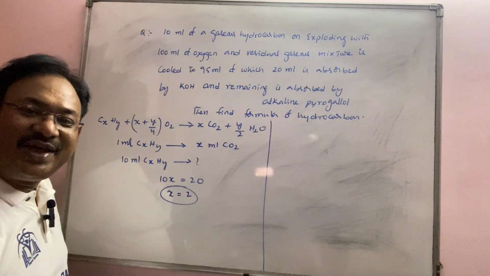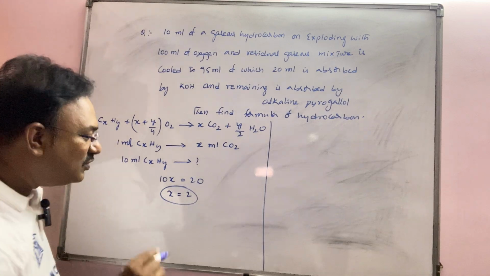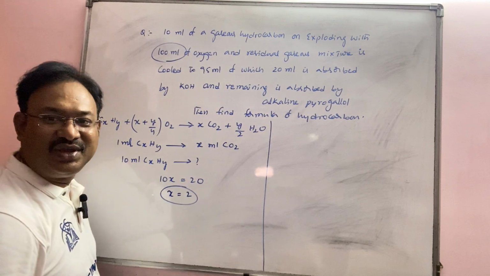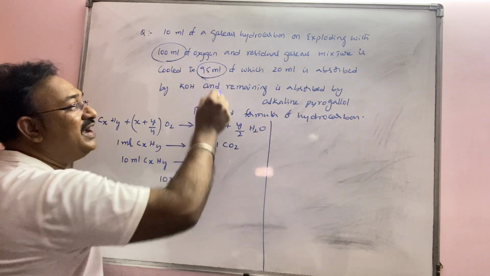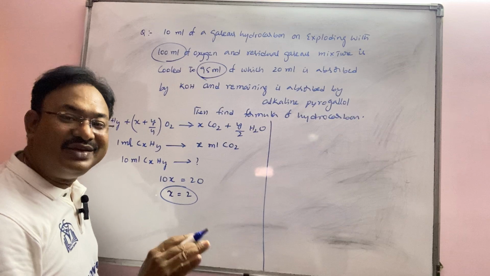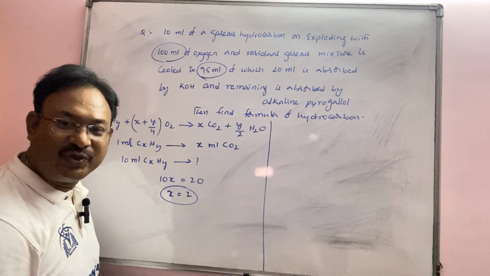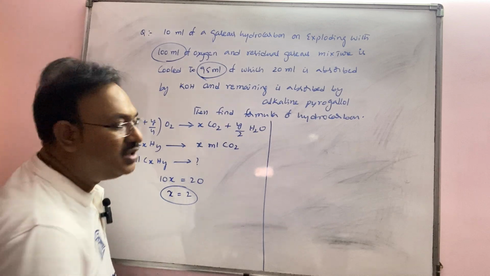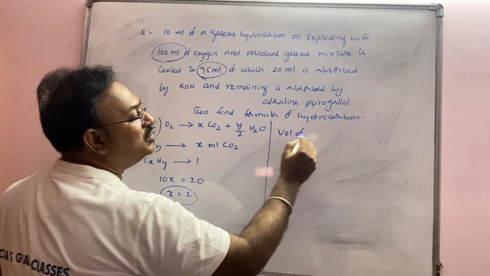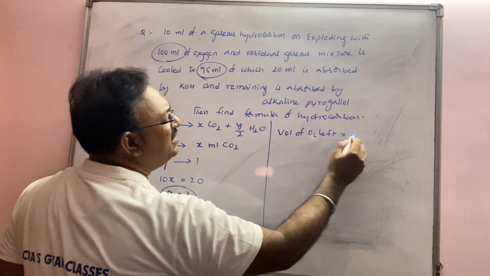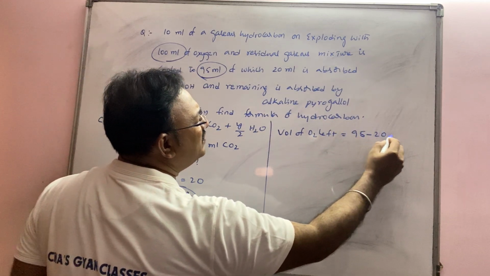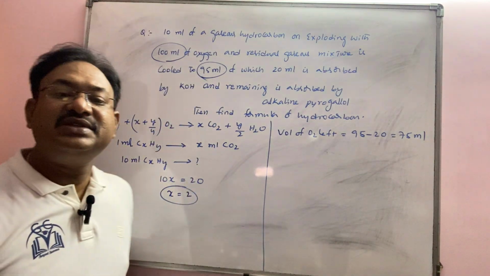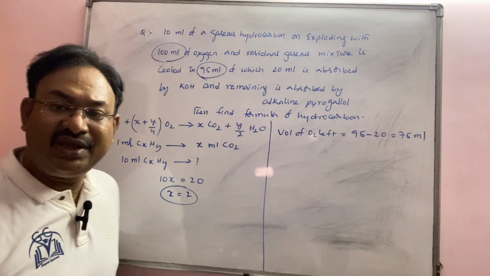So how do we solve the y value? First, how much oxygen is taken? 100 ml. Then how much is left? 95 ml, because after cooling 95 ml of gas is there. Out of 95 ml, carbon dioxide is 20 ml. So the volume of O2 left is 95 minus 20, that is 75 ml.